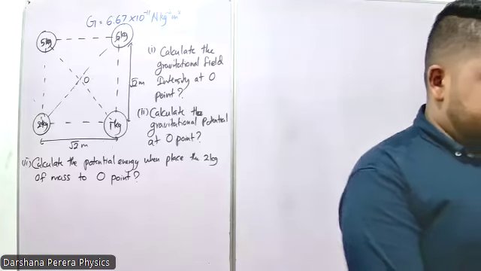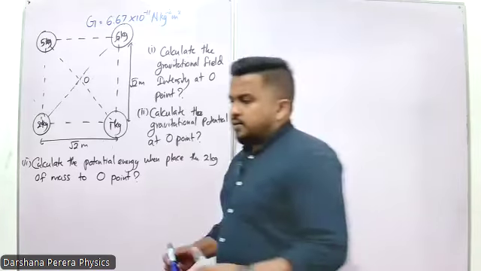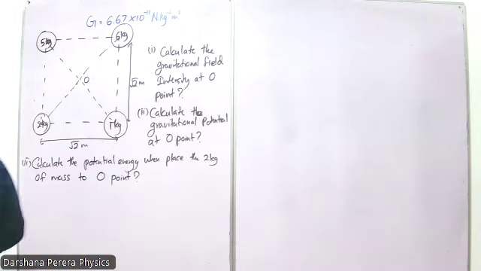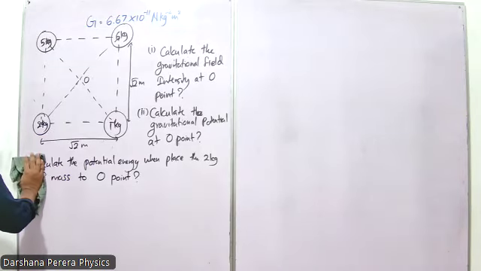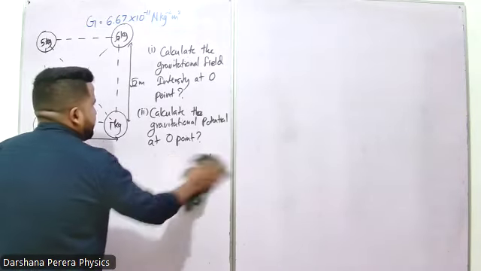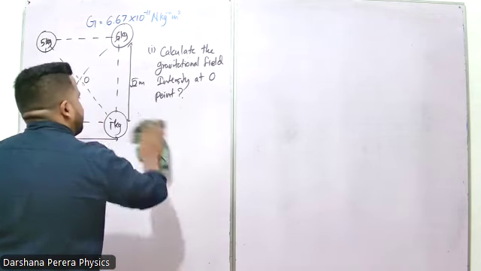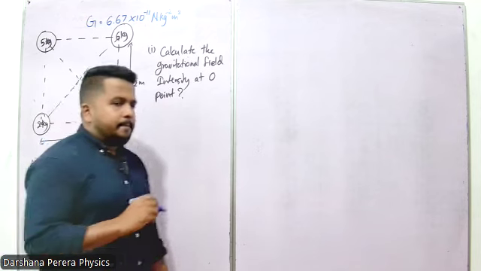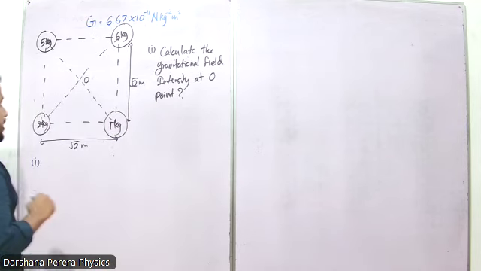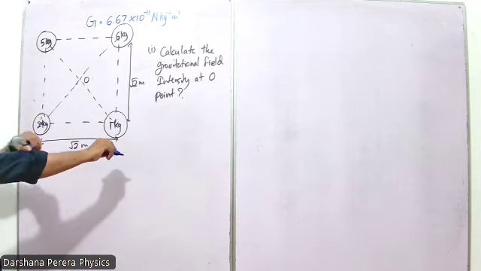Very good, answers are correct. So how can I find the gravitational field intensity? I will erase this one. So first of all, I need to take one gravitational field intensity, that is, I consider one and then take the others.